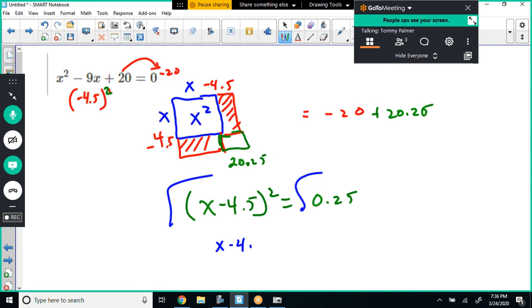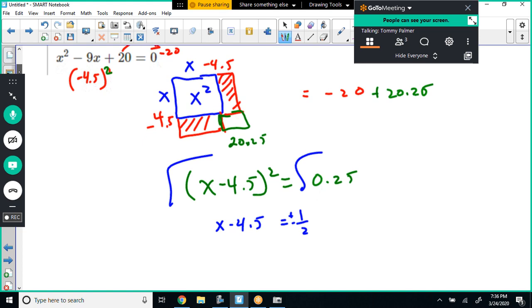So that's x minus 4.5 equals the square root of a quarter. 0.25 is 1/2, and it'd be plus and minus, right?